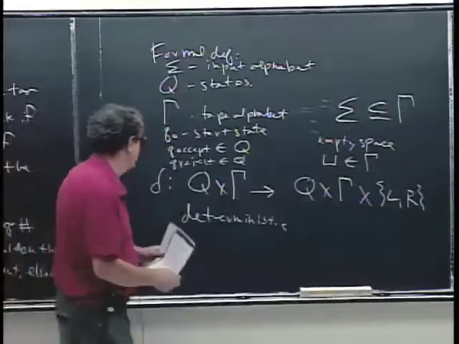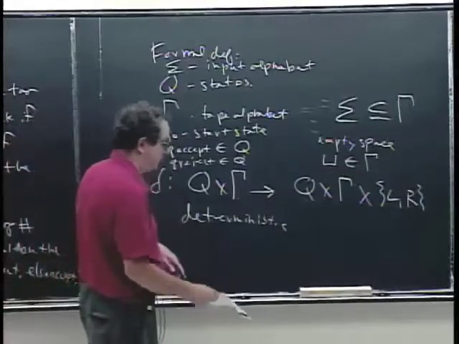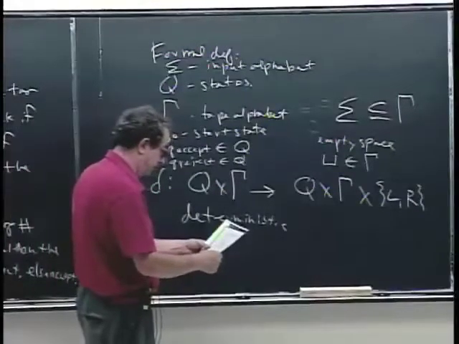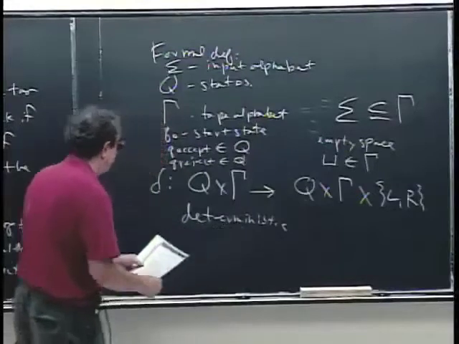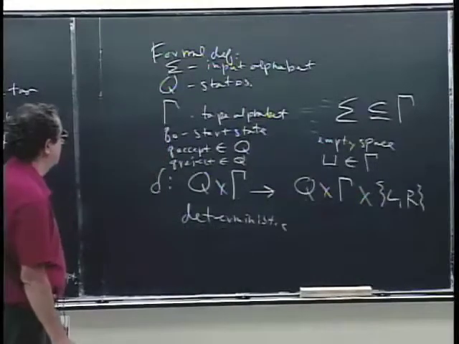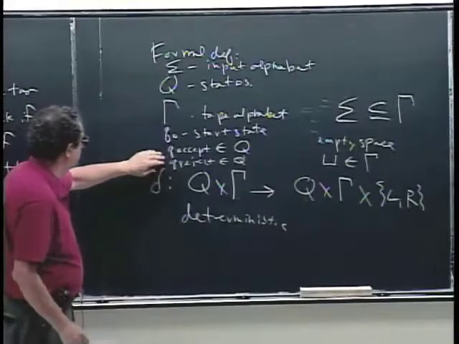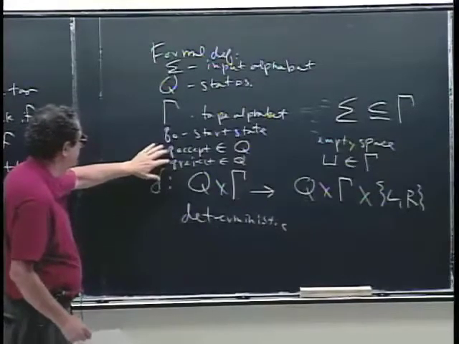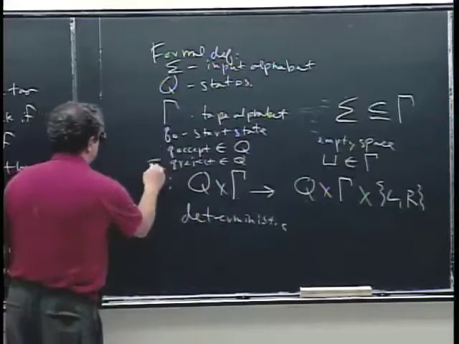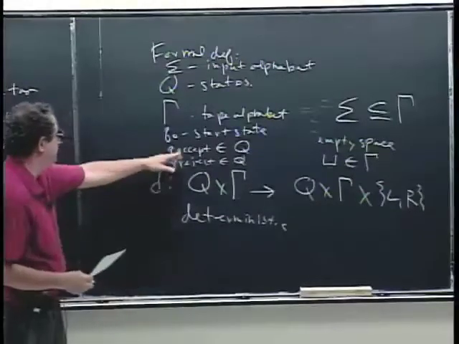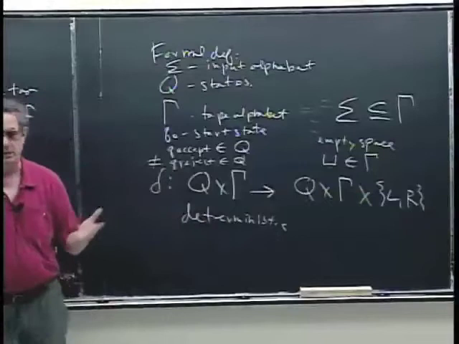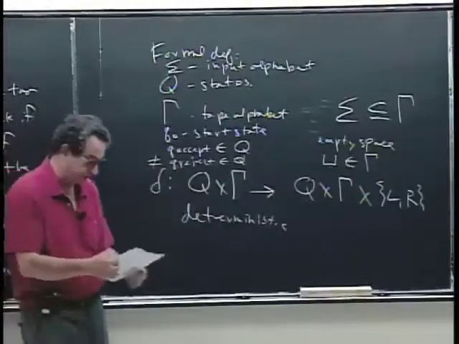Here, we just have a specified accept and a specified reject, and the other states are neither. And of course we also have the formal requirement that the accept state and the reject state are not the same state. Those are different states.